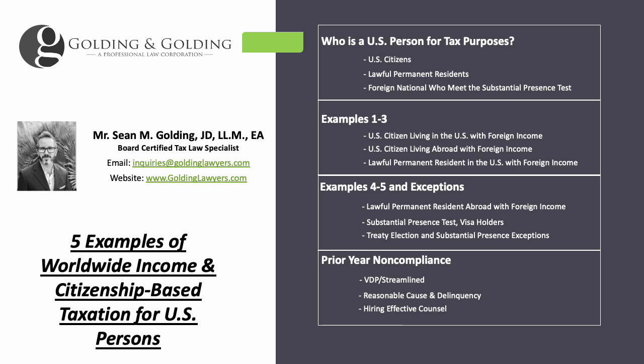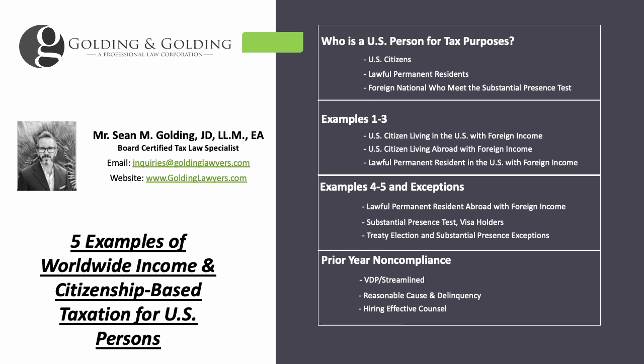Maybe it's India with fixed deposits, and there's significantly more income, a higher interest rate. Even though those are treaty countries, and even though that income may be taxed in the foreign country, because the person is a U.S. citizen, in other words, a U.S. person for tax purposes, they're taxed on their worldwide income, and that includes foreign income.